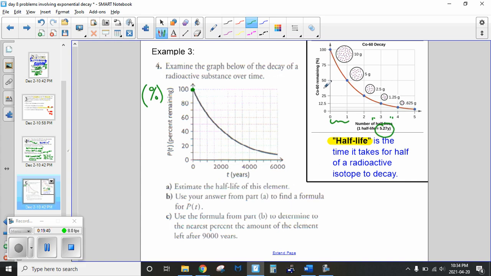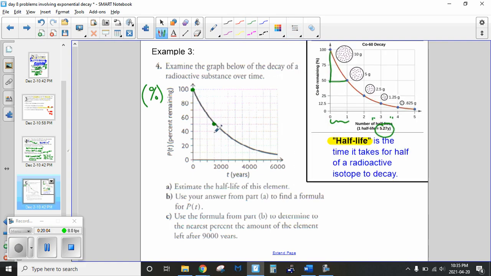Okay, so just to remind you over here, the idea is that one half-life is the amount of time it takes to end up with half of your original material. So we're starting with 100%. When we are down at 50% left, how much time has passed?